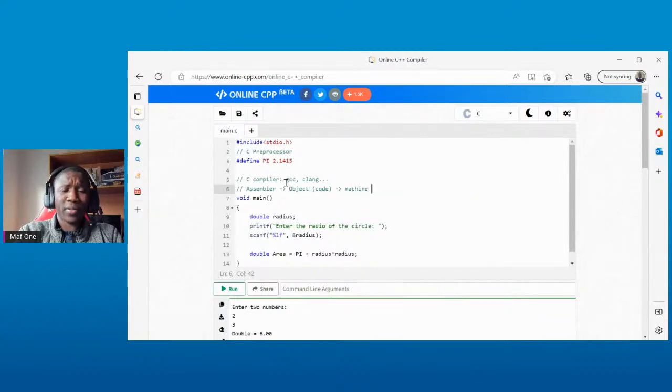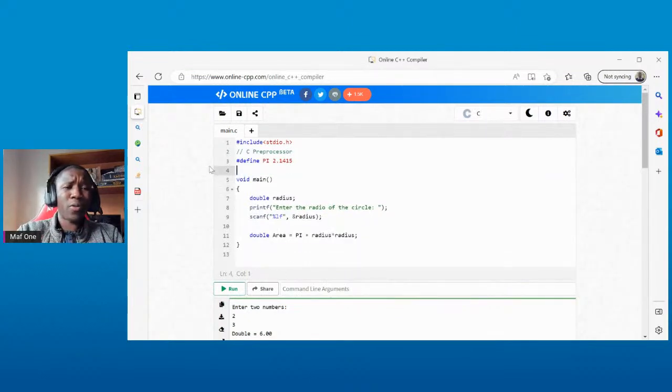We are going to talk about this later. Machine code, zeros and ones, because the computer processor only understands machine code, zeros and ones. But now we are only talking about the preprocessor, which is going to replace this value in here.